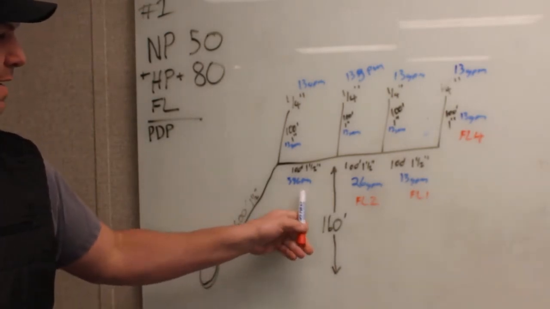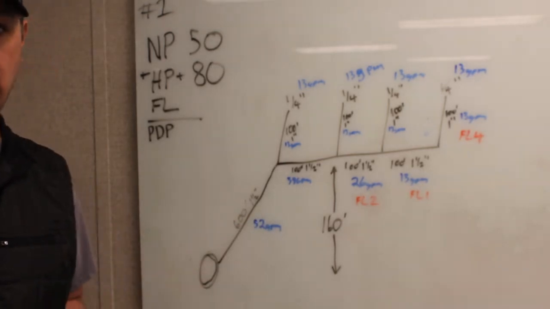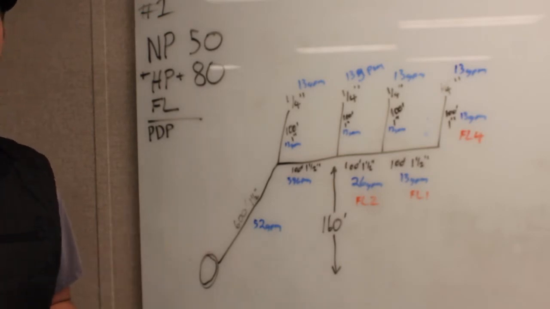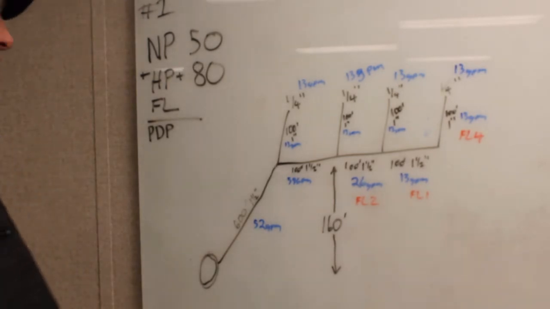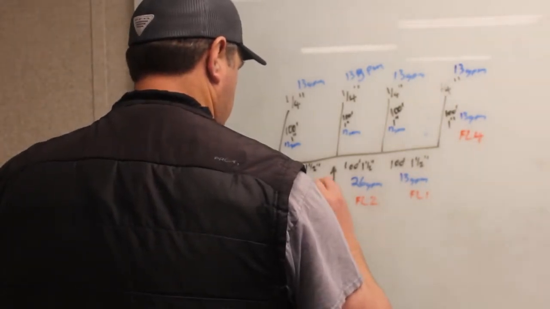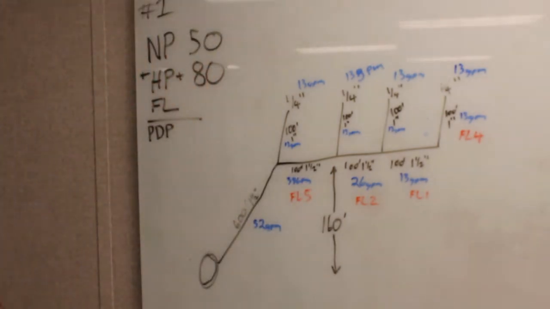All right, I keep coming back. Now I have 1.5 inch hose with 39 gallons per minute flowing through it. So I put my friction loss calculator on 39 gallons per minute, and I read my 1.5 inch mark, and I get 5. Rounding to the nearest whole number, I get 5.